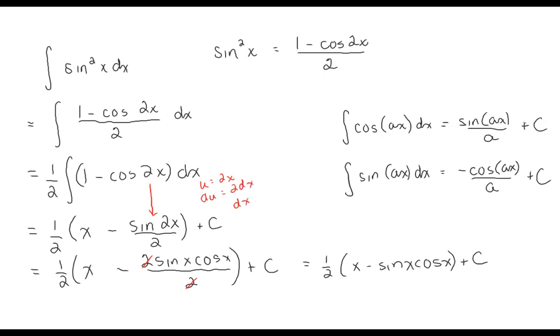So dx will be du over 2, and you'll get that factor of 1/2. And that's actually connected to what I wrote over here with these more generalized formulas for integrals of sine and cosine. If you have a constant times your argument, that constant's going to land in the denominator.